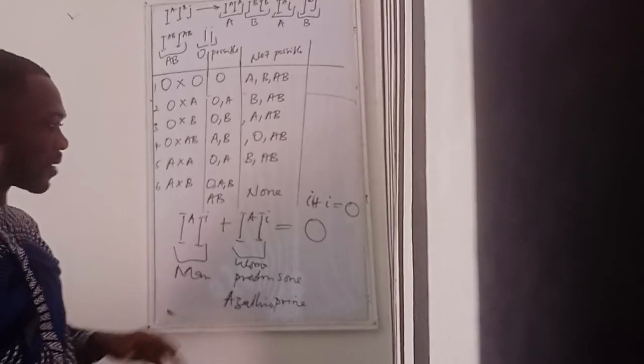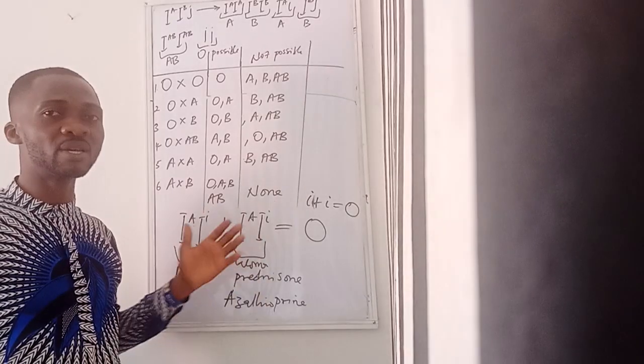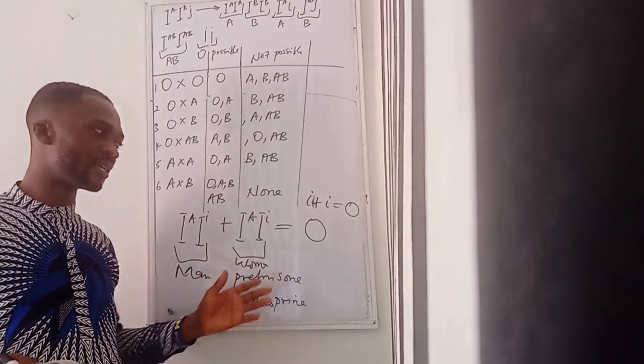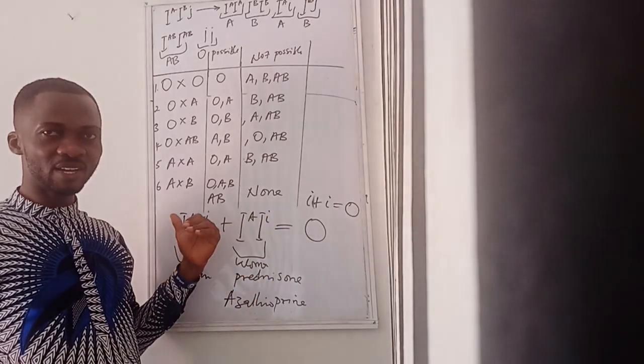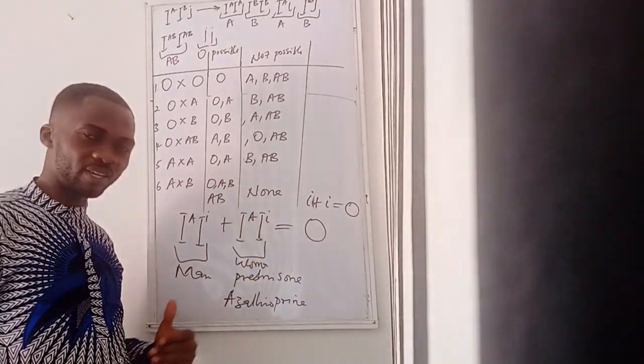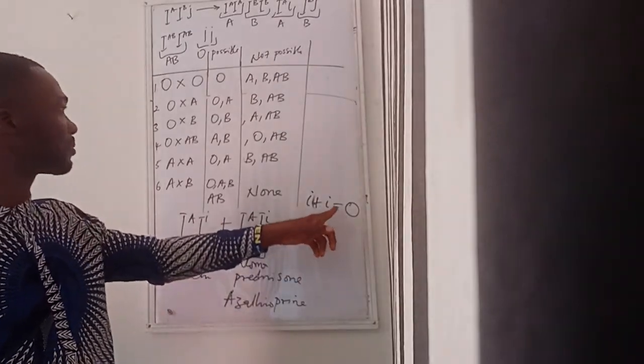So that is how one can produce children with blood type O. So when your child is O and you're A and your wife is A, or even when you're A and your wife is B, it's still possible that you produce blood type O.